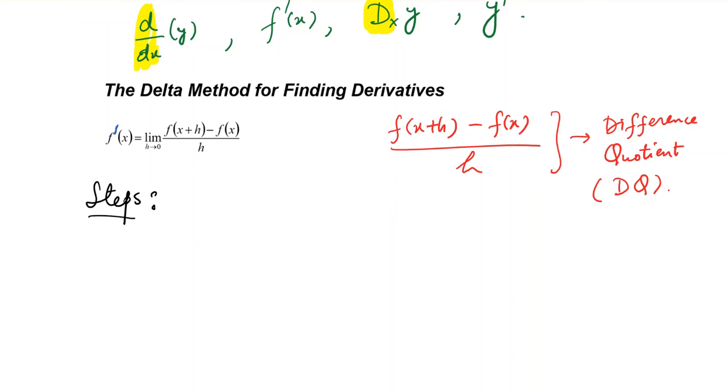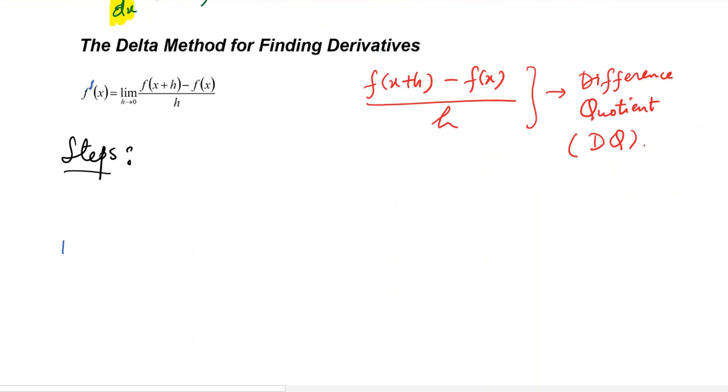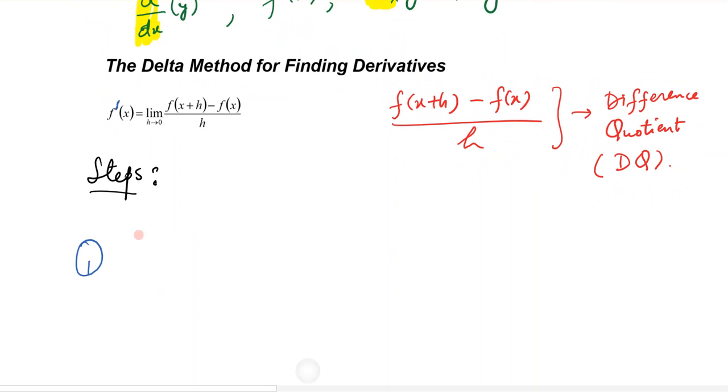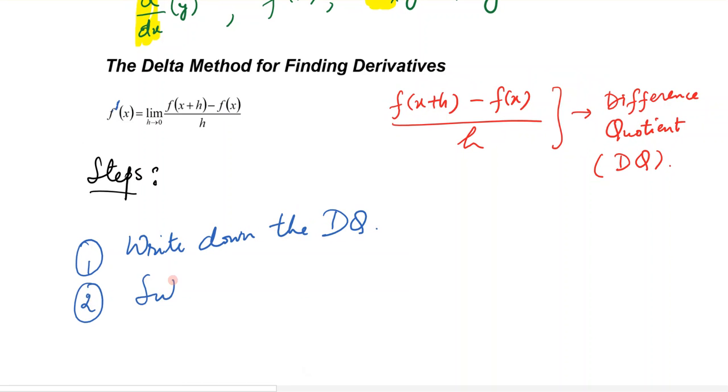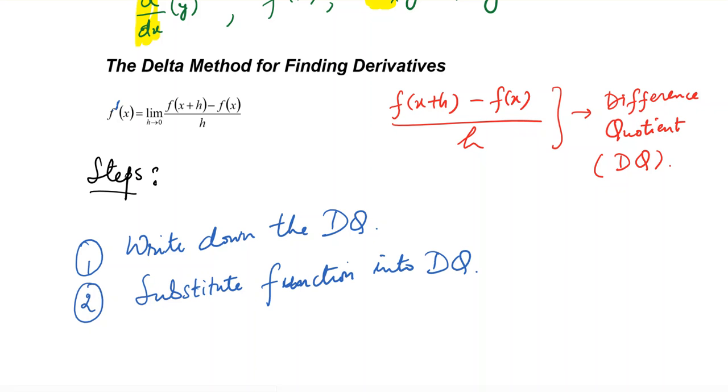In order to find the derivative using the delta method, we're going to follow these steps. First step is write down the difference quotient and substitute the function in the difference quotient.